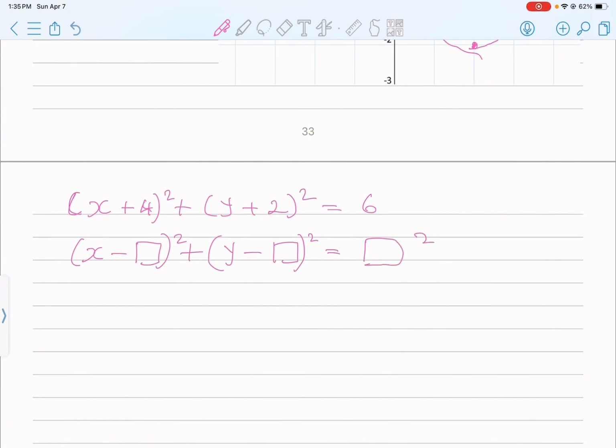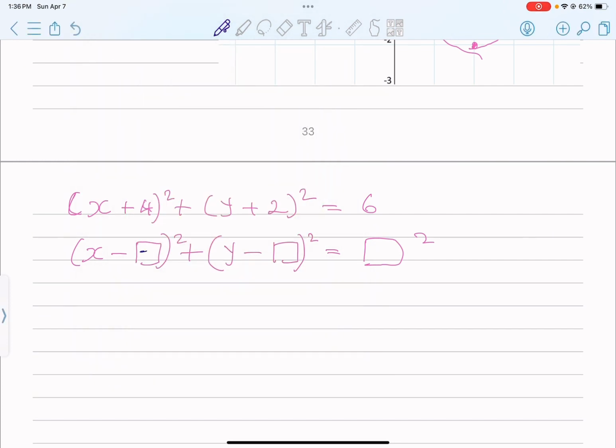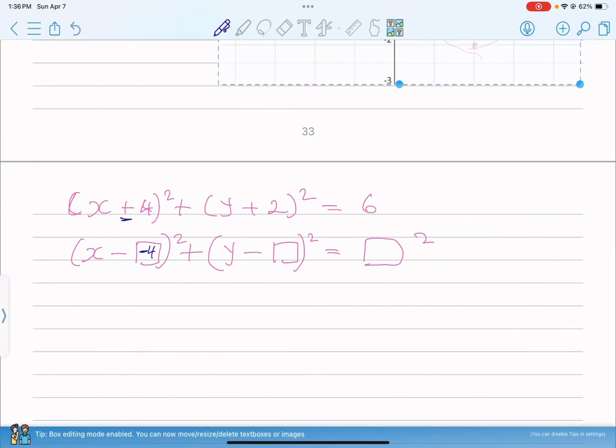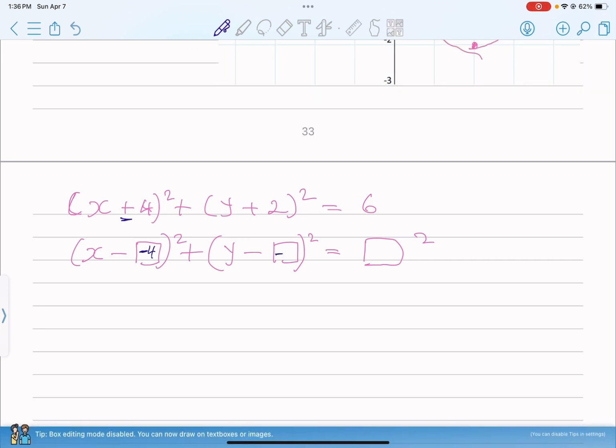So everything that goes in the box will tell you exactly what you need. So now, what goes in the first box? -4, because you want to end up with +4, right? Negative gives you a plus. You want to end up with plus, right? Negative gives you another plus.